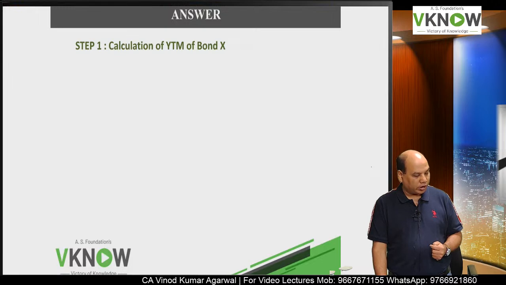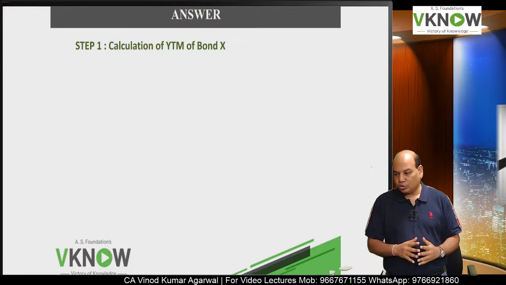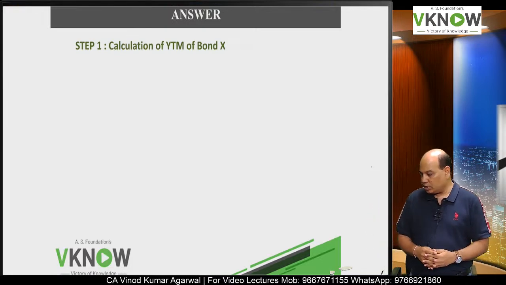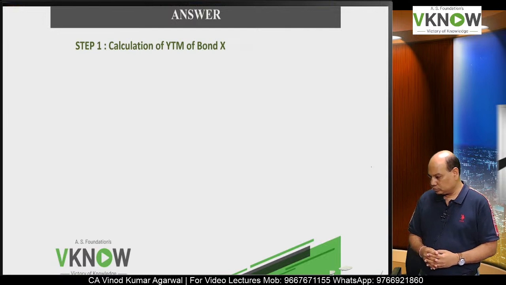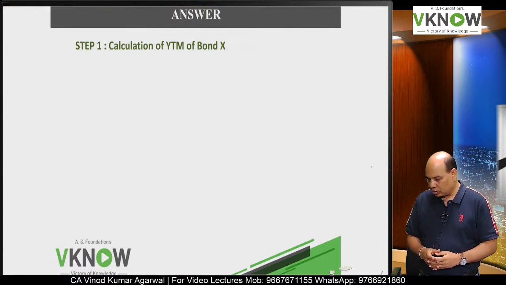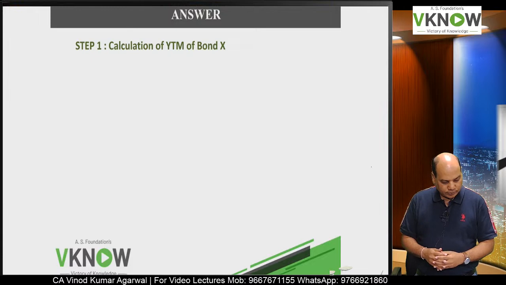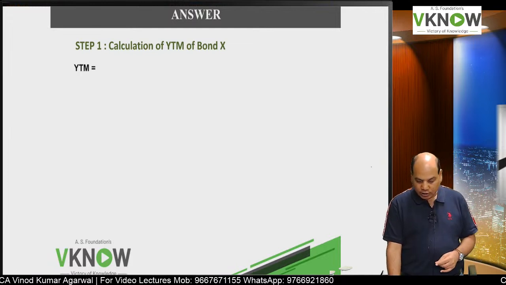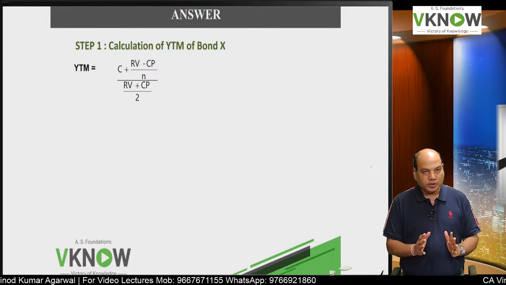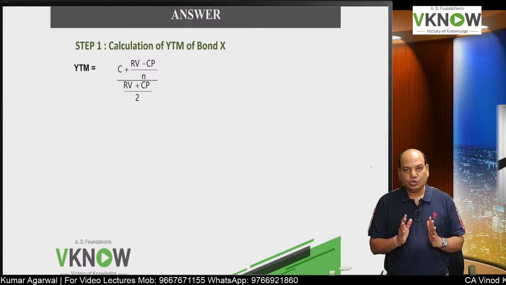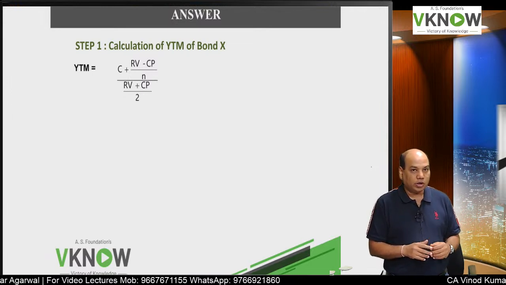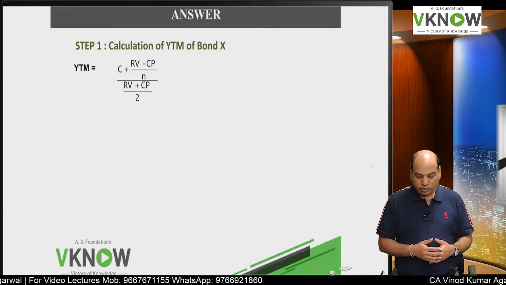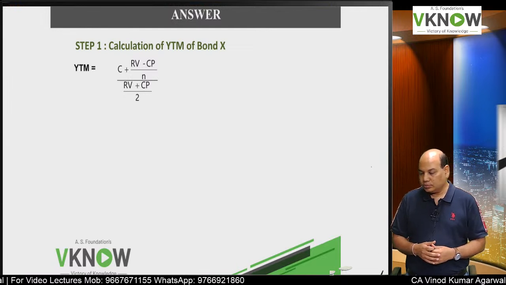So step 1, write down in the notebook: calculation of YTM of bond X. It's a coupon paying bond, so I can use the formula, or I can use the IRR also. So write down the formula.